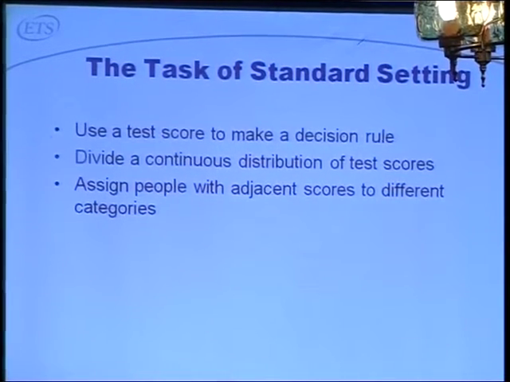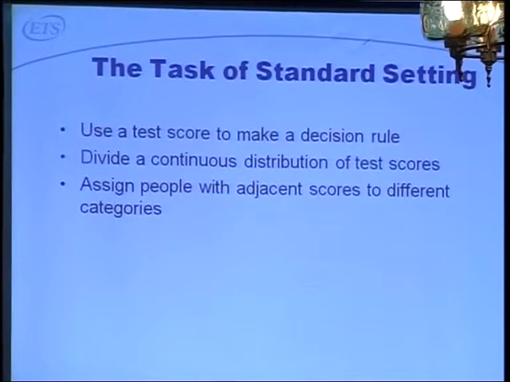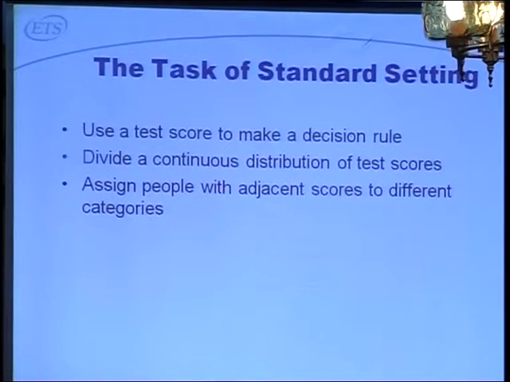So we want a test score to make a decision rule, either pass, don't pass. On the National Assessment of Educational Progress, on which I work, we have below basic, basic, proficient, and advanced.